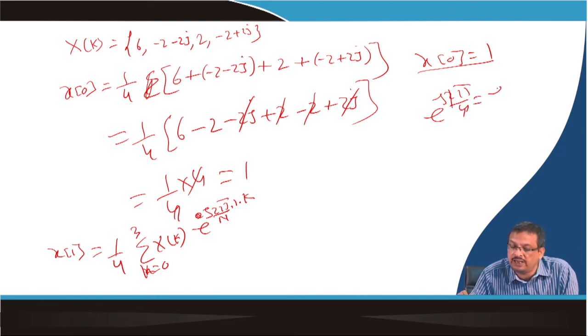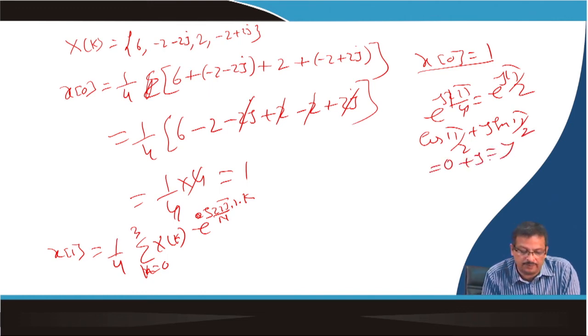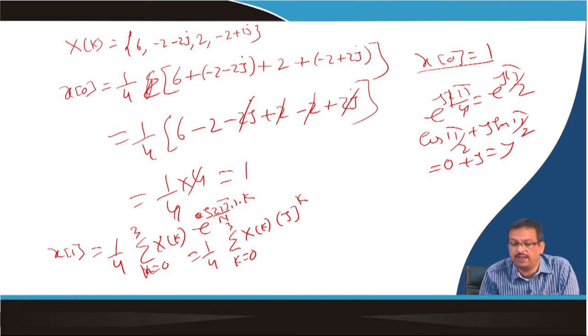So it is nothing but e to the power plus j pi by 2, which is nothing but cos pi by 2 plus j sin pi by 2. So which is nothing but 0 plus j, which is j. So I can say 1 by 4, sum over k equal to 0 to 3, X[k] into j to the power k, with n equal to 1.